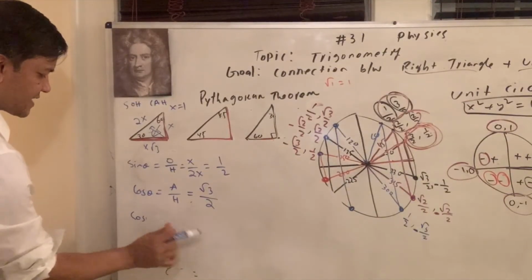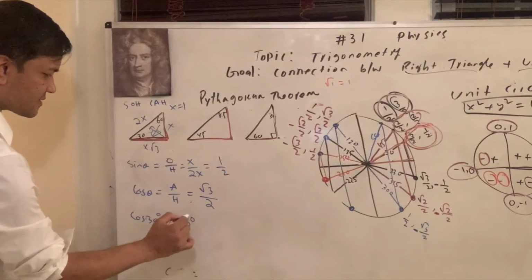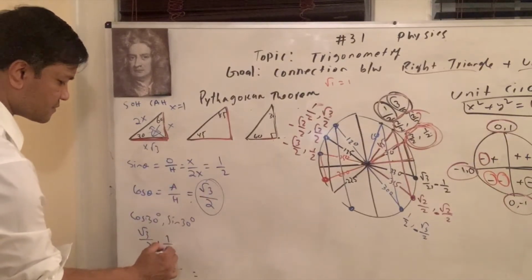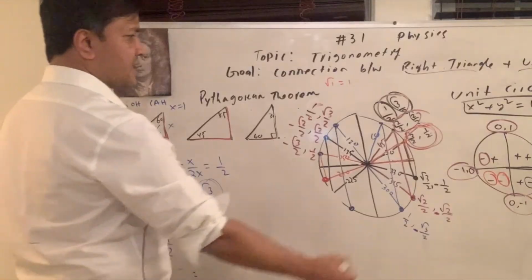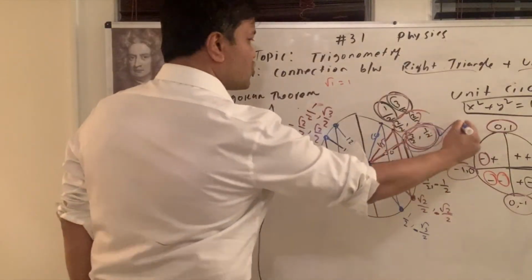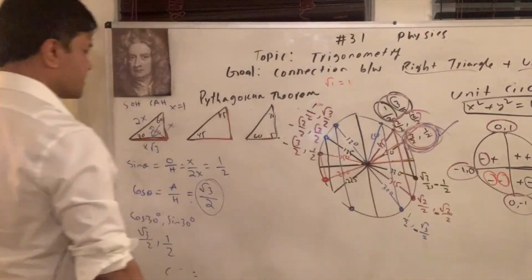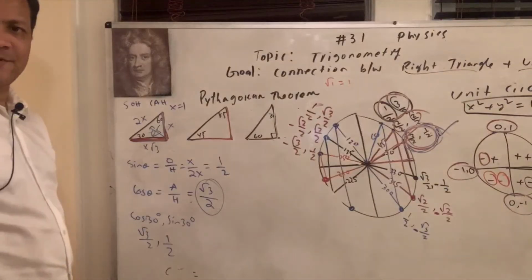So cosine 30 degree comma sine 30 degree is square root of 3 over 2 comma 1 over 2. And that's exactly what we got here. Check. So the point on the unit circle is equal to the legs in a right triangle.